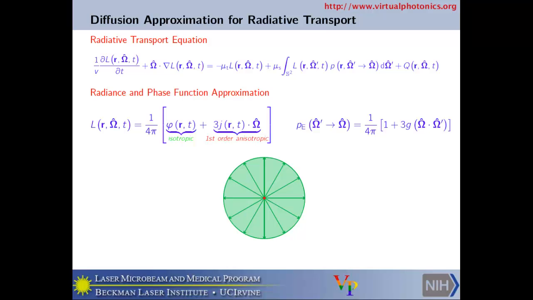Now, obviously, we have a net flow of photons in a certain direction. So in reality, you have some bias of flow of photons in one direction versus another. And a way you can get that is through the first order term of the Legendre polynomials, which is essentially a cosine term. And we are representing this by the letter J.